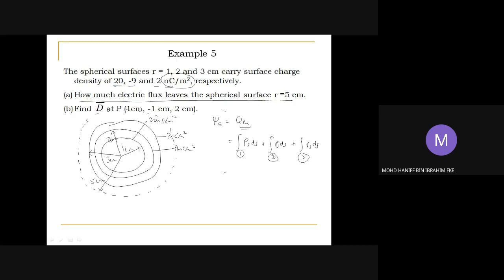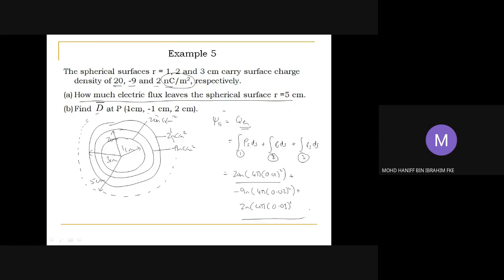So we can straight away find the charge amount. For the inner sphere it should be 20 nanocoulomb multiplied with 4 pi, r is 1 cm so 0.01 squared. That is the charge amount for the 1 centimeter radius sphere, plus for the second sphere, -9 nano, and the area will be 4 pi of 0.02 squared, plus the third one, 2 nano, 4 pi, radius 0.03 squared.